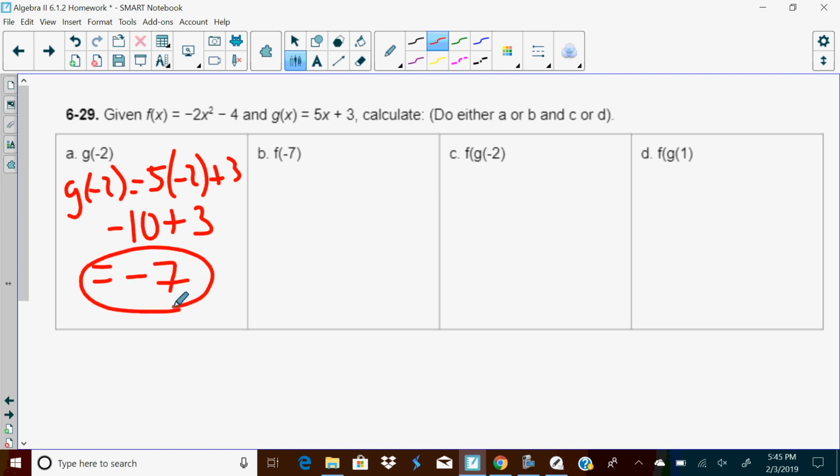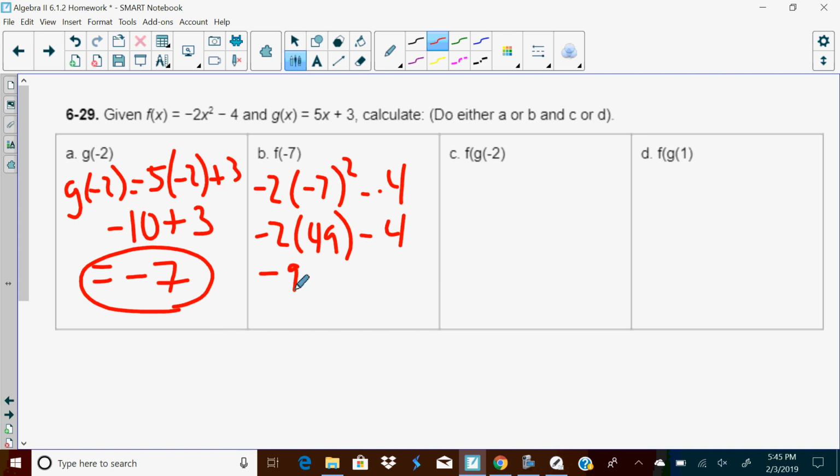When I do f of negative 7, I'm going to get negative 2 times negative 7 squared minus 4. So negative 2 times 49 is going to give me negative 98. Minus 4 is going to be negative 102.